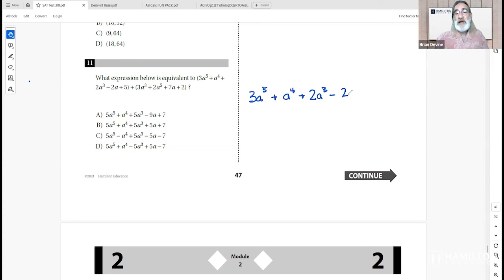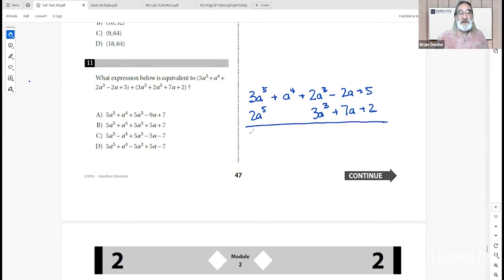No, 2A. And then I've got plus 5. And then I'm going to line up the stuff in the second one underneath. So I'm going to end up putting 2A to the 5th there and 3A cubed there. And then plus 7A there and plus 2 there.